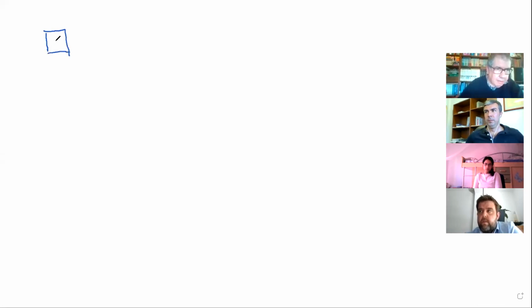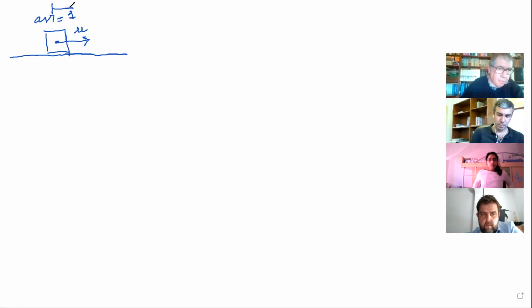So I have a mass with a force U, and my mass is 1, and this is sliding along the axis, which is Z. So M, which is 1, Z double dot, is equal to the sum of forces, which is U. Okay?